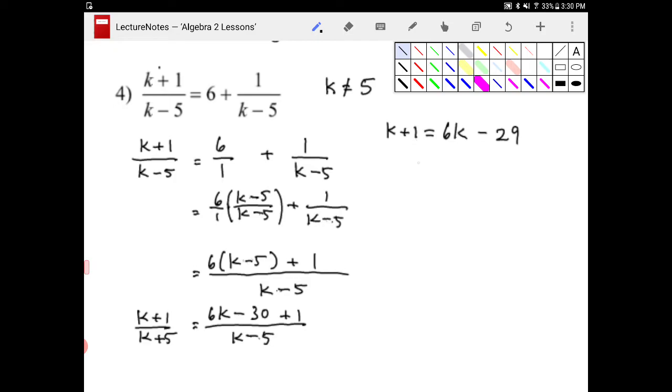I will now subtract 1 from both sides, and I'm going to subtract 6k from both sides. If I do that, I'll end up with negative 5k is equal to negative 30. Divide both sides by negative 5, and I end up with k is equal to 6.